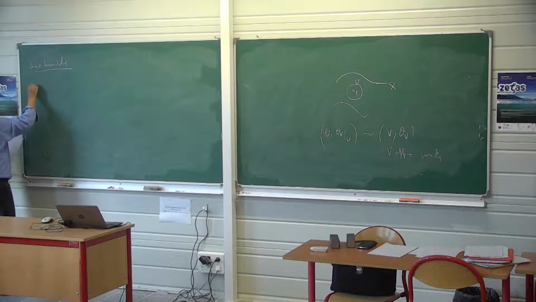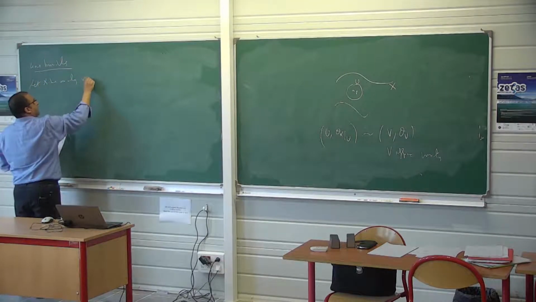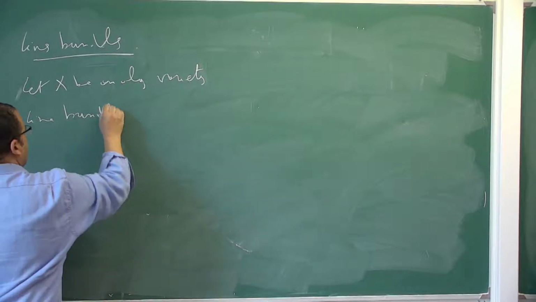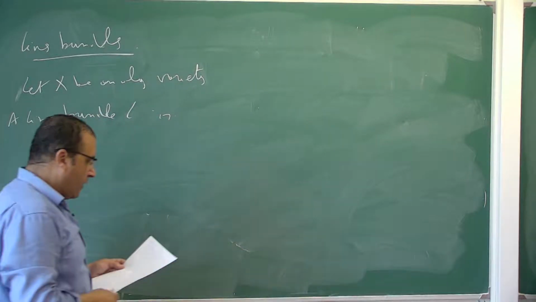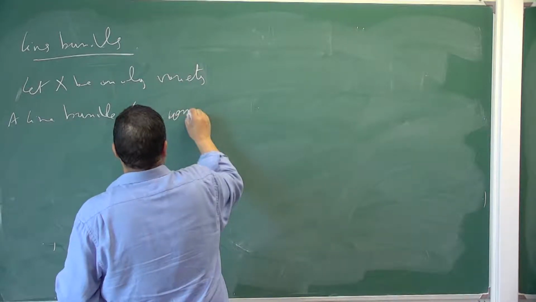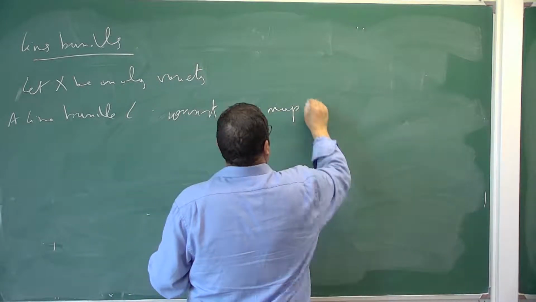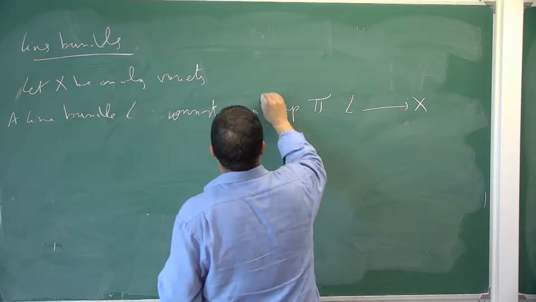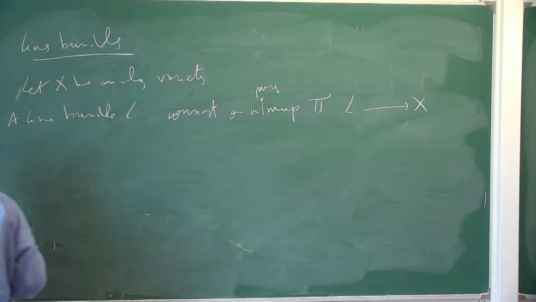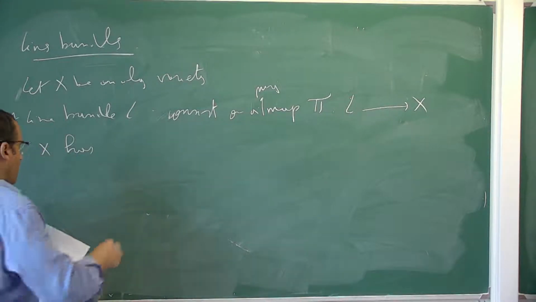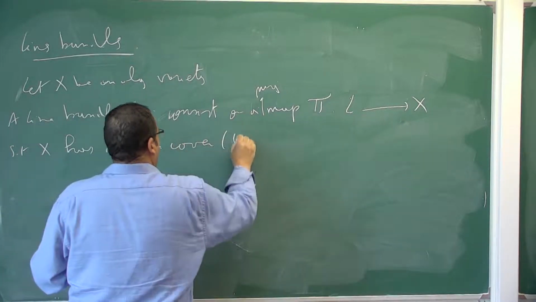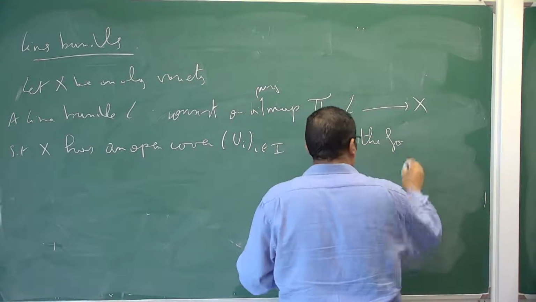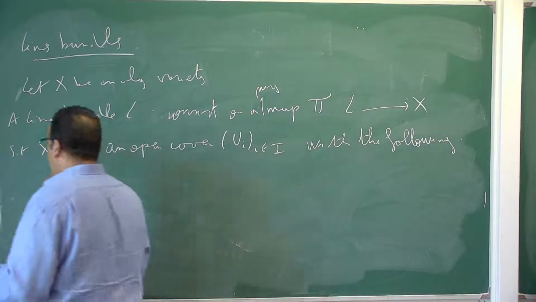So let X be an algebraic variety. A line bundle L consists of a surjective map P from L to X. So L is also an algebraic variety, with a surjective map, and such that X has an open cover U_i with the following two properties.